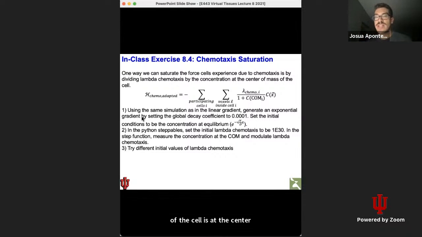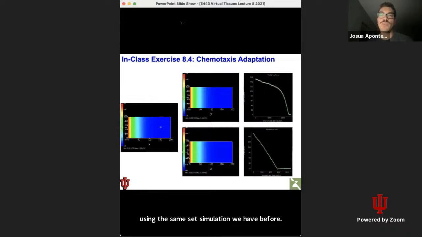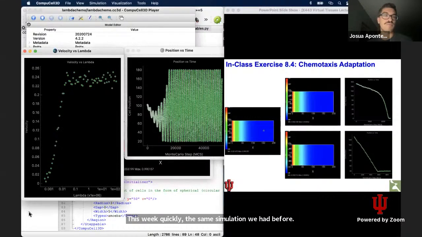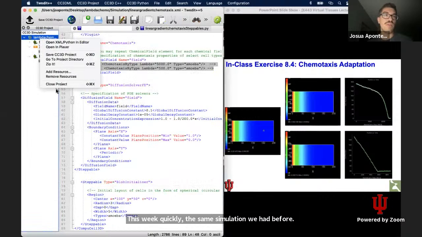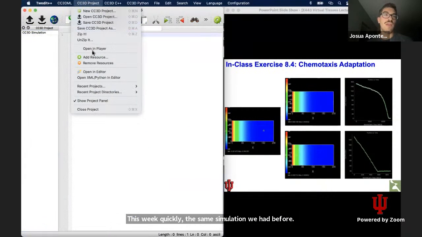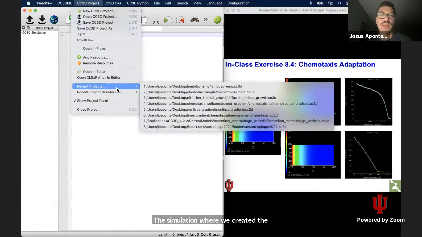So in this particular example, instead of using the linear gradient, we can generate an exponential gradient using the same simulation we had before. Let's do it quickly. The simulation where we created the linear gradient.